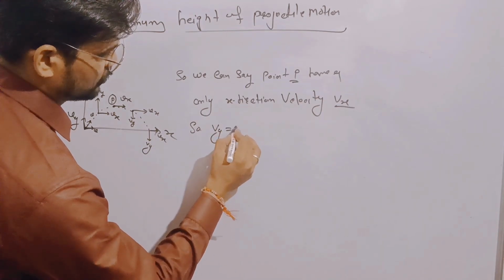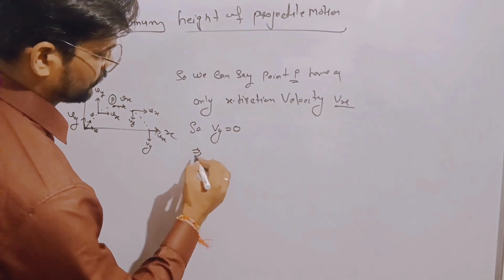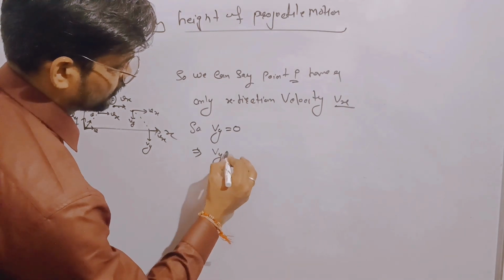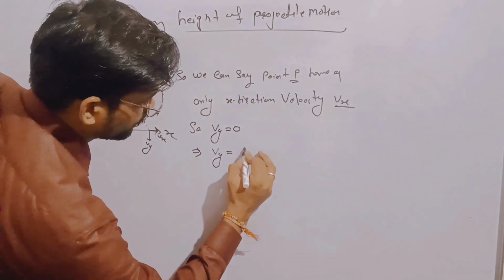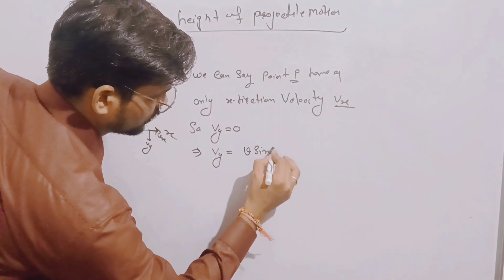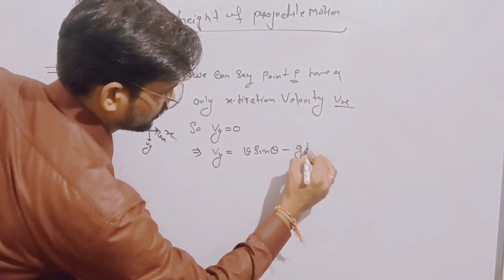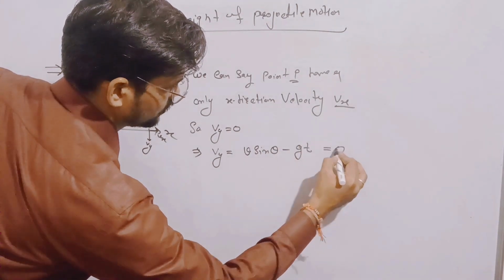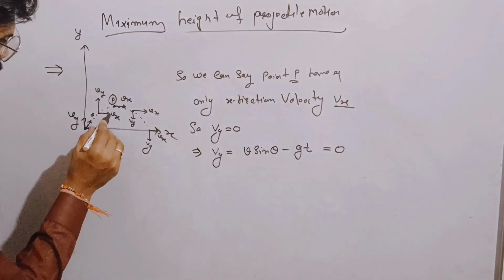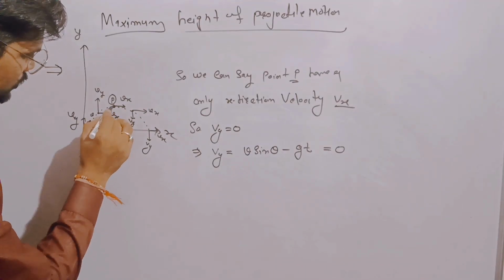So vy is equal to 0 at the P point. So vy is equal to v sin theta minus gt is equal to 0 at the P point.